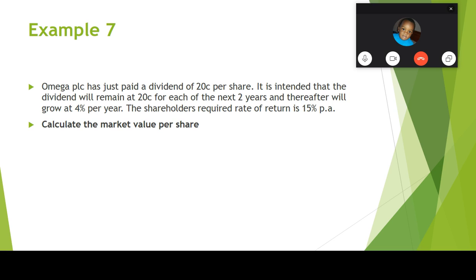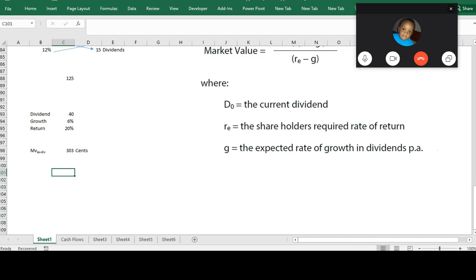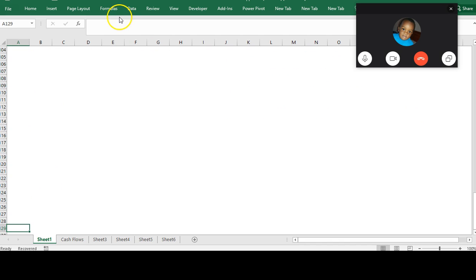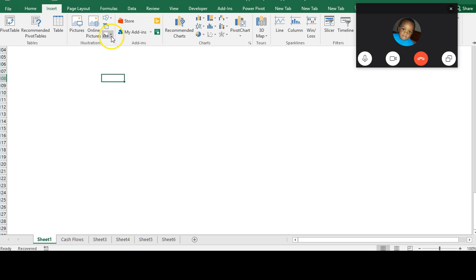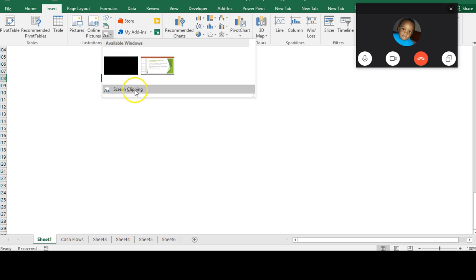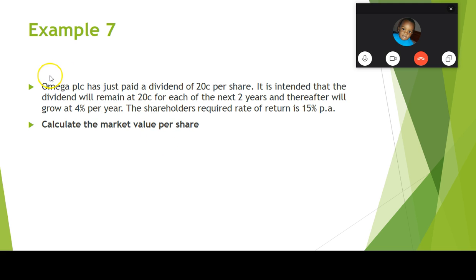The shareholders' required rate of return is 15% per annum. Calculate the market value per share.